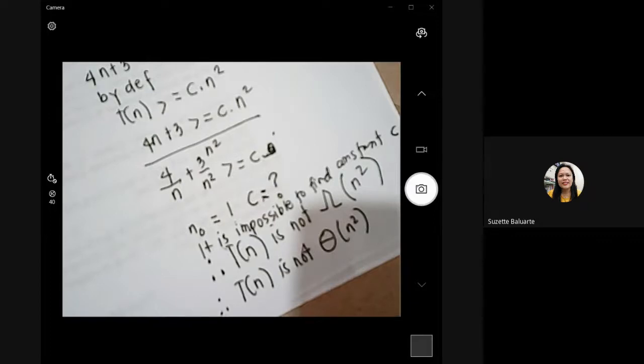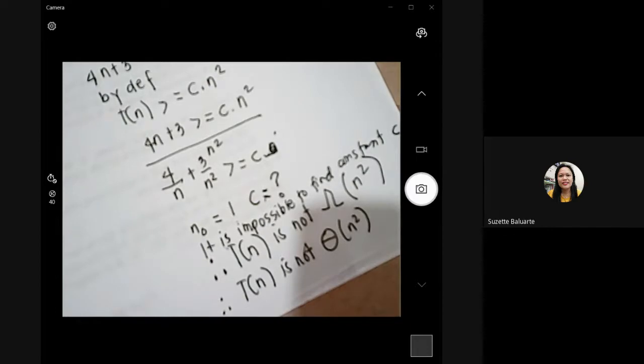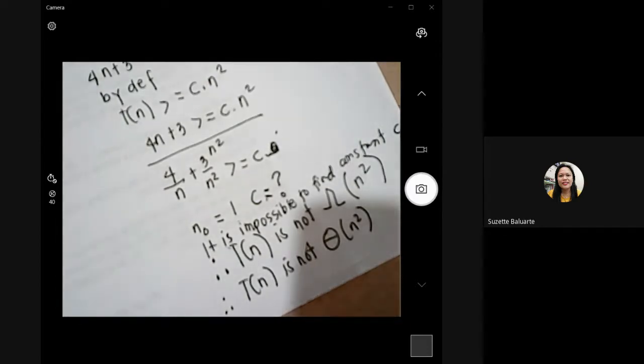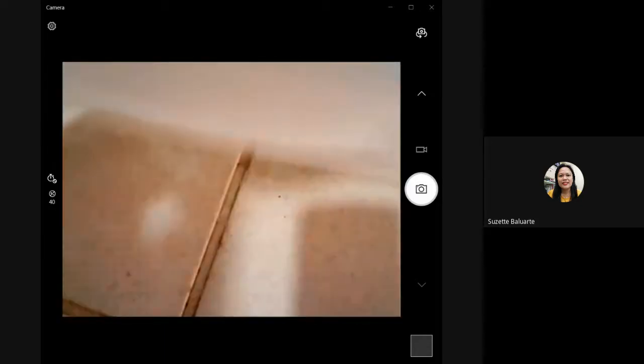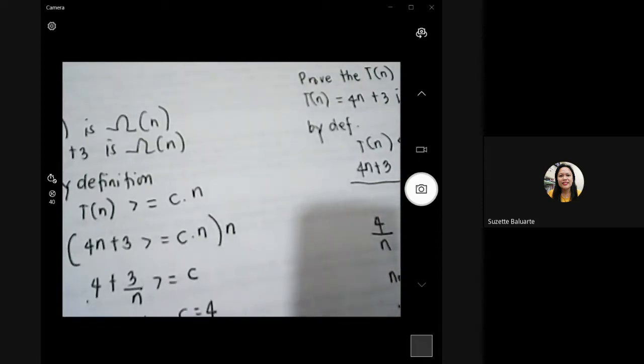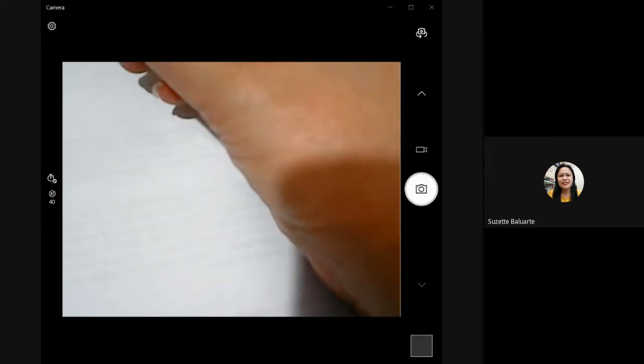Okay? What if? What if, Miss? What if there is a negative? Because this one is positive. Example: let's just prove in theta so we can solve both omega and theta.